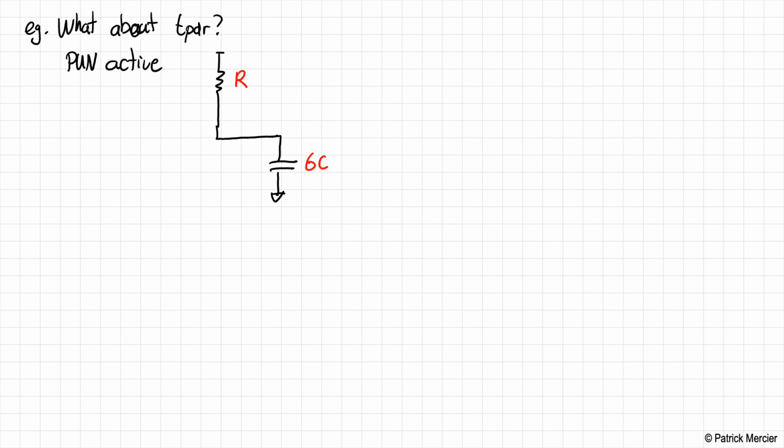We have R's worth of resistance up here. And we say that instead of discharging the capacitor, we're now charging the capacitor from supply VDD. Okay, so we can say that TPDR is, according to the class sizing convention and what we showed earlier, also equal to 6RC. In this case, the natural log of 2 is included in the delay calculation here.